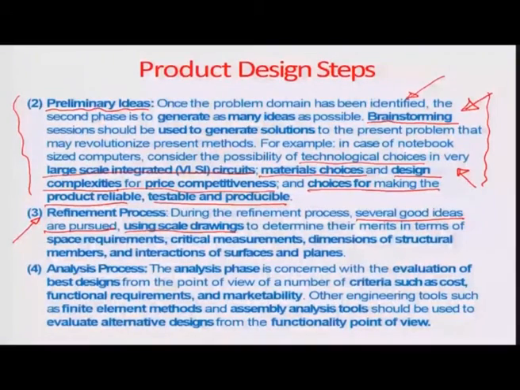It can be in terms of, let us say, space requirements if we talk about laptops, or critical measurements or dimensions, or structural integrity of the members associated in building the laptop, so that it can be confined to the briefcase size space, which is one of the main requirements generated during the problem identification step.